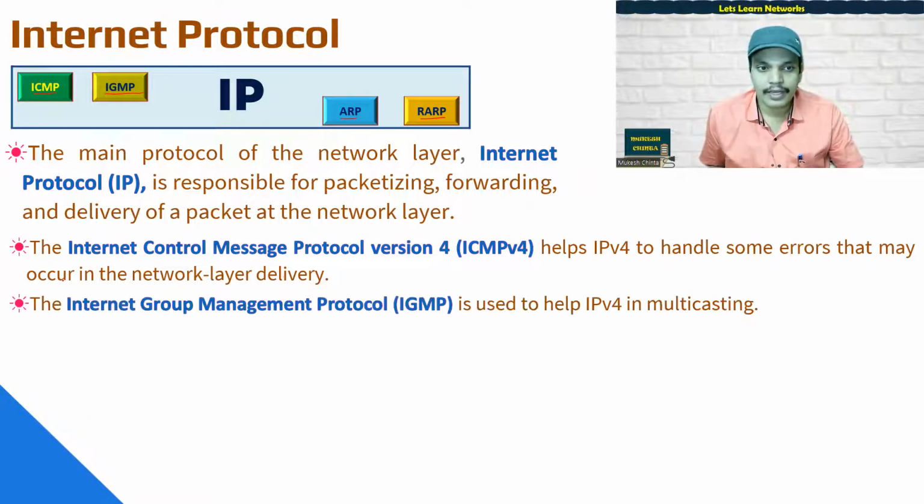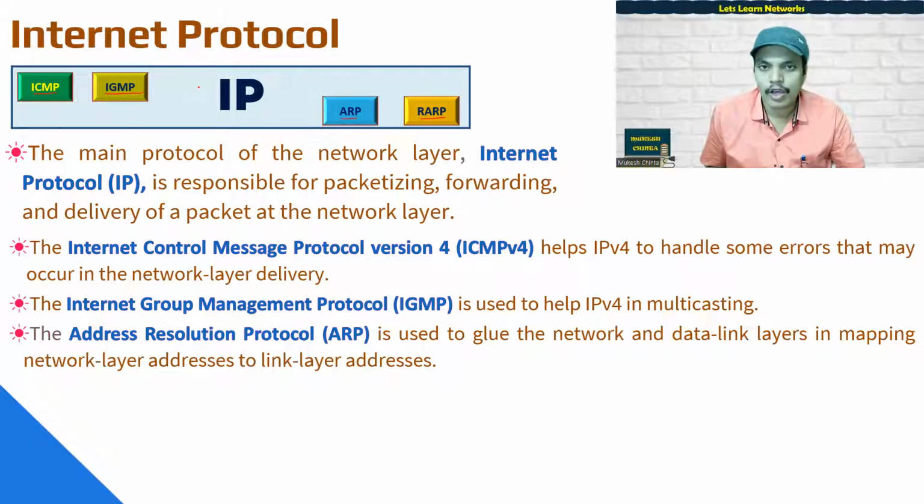Similarly, IGMP, which stands for Internet Group Management Protocol, is used to create multicast groups and for multicast delivery. All of those things are taken care of by the IGMP protocol. ARP, or the Address Resolution Protocol, is used to glue the network and the data link layers, mapping network layer addresses to link layer addresses.